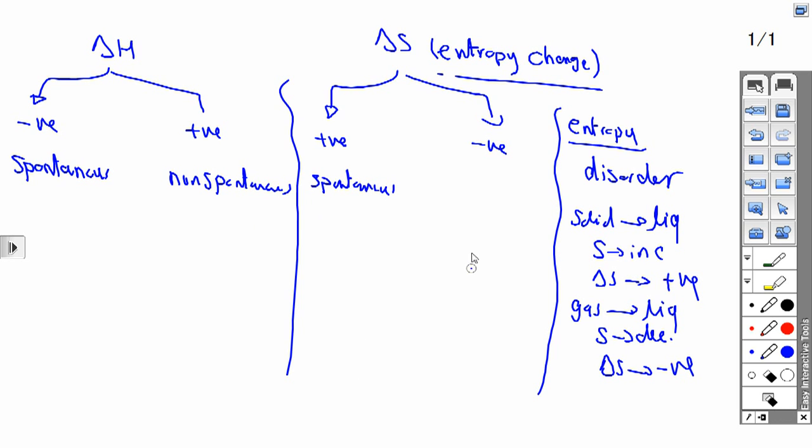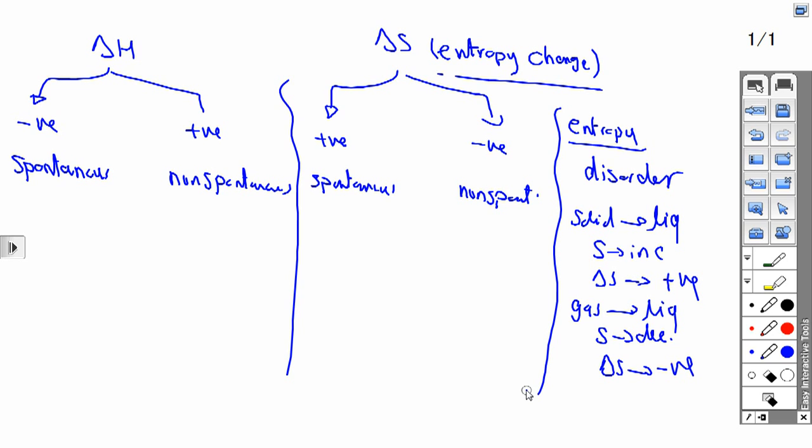If delta H is positive, the reaction is non-spontaneous. So if delta H is negative and delta S is positive, the two factors together control whether the overall reaction is spontaneous or non-spontaneous.